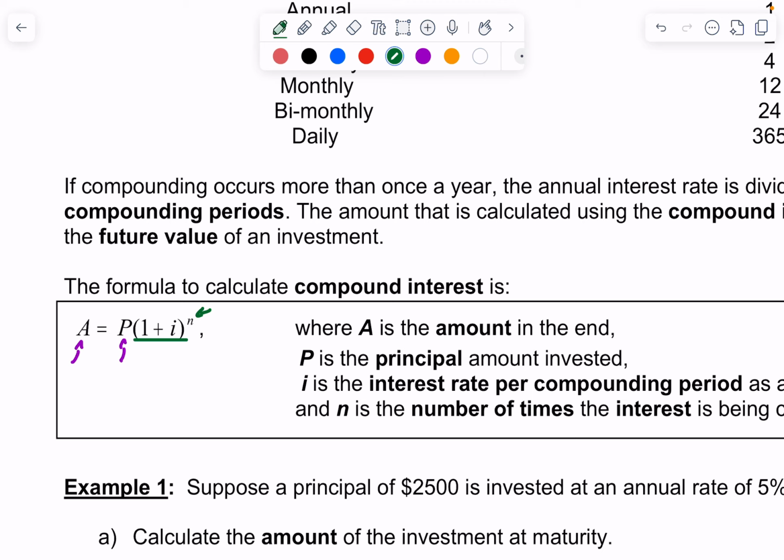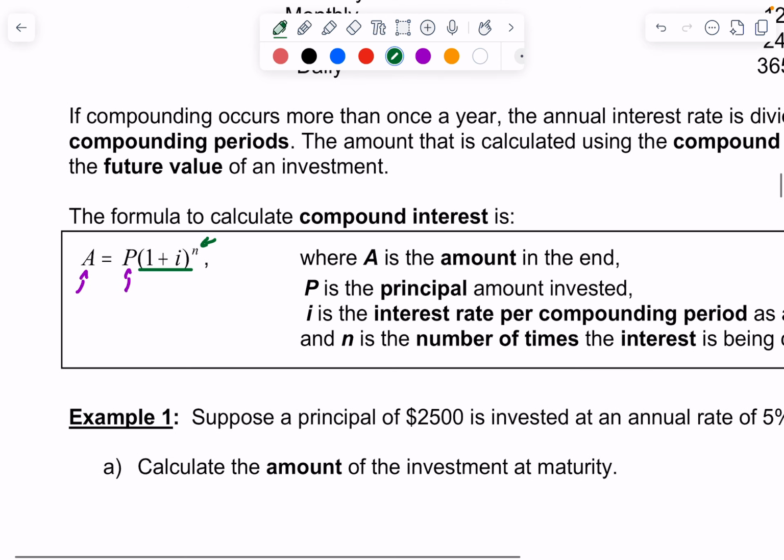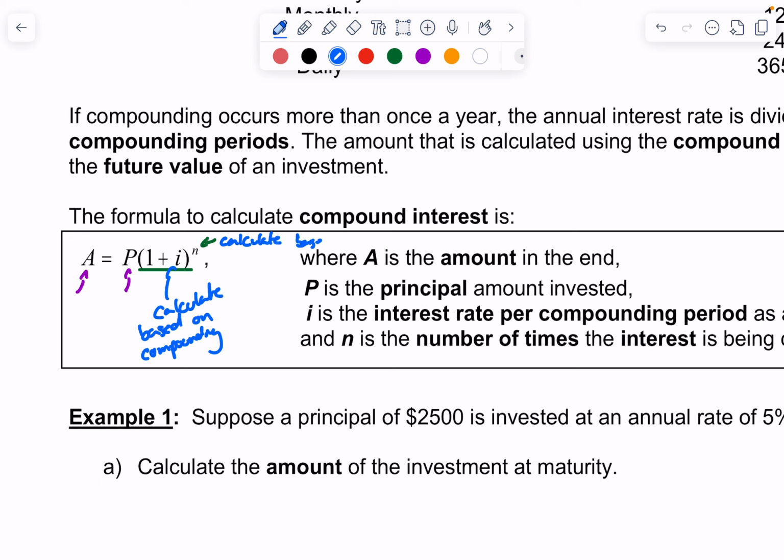The only thing I want to highlight here is the I. You need to calculate this based on compounding periods. So just know that that value changes, and so does the N. Calculate that as well based on compounding.